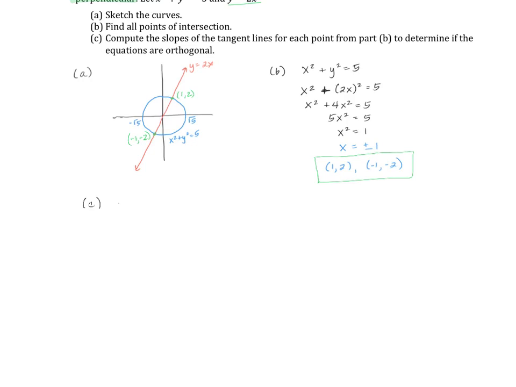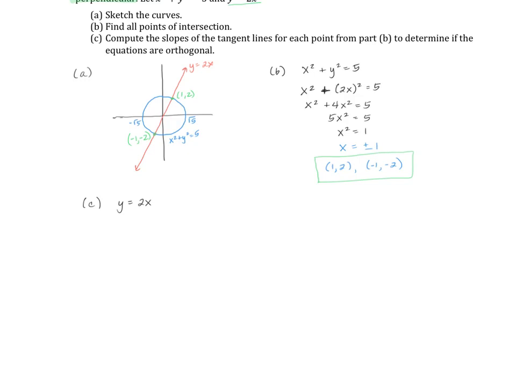What that means is I'm going to have to take the two equations, compute the slopes of their tangent lines at the points 1, 2, and negative 1, negative 2, and see if the slopes of those tangent lines are perpendicular.